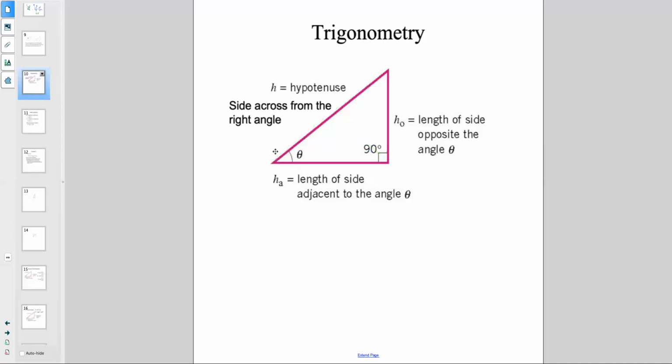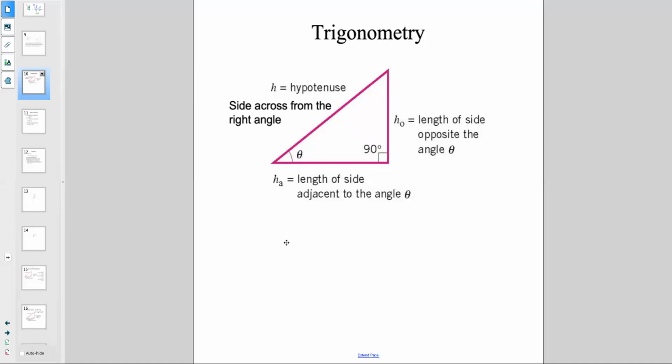Now, this is angle theta, for example, and then the side that is in the opposite direction, the length of the side opposite to angle theta, is HO, standing for opposite. And this side is the length of the side adjacent to the angle theta.